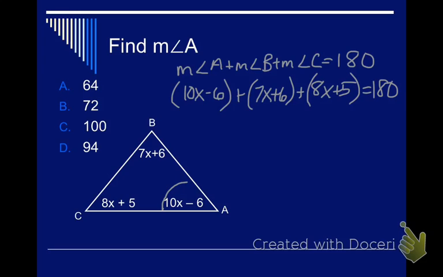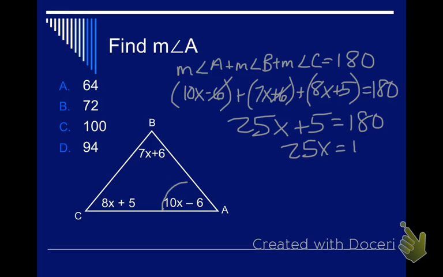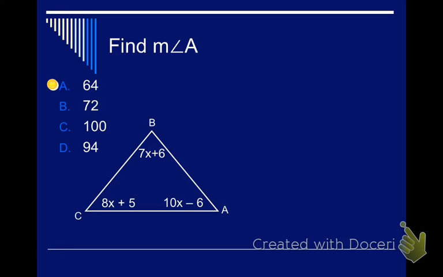We combine like terms, that's 25x. The negative 6 and plus 6 cancel out, so plus 5 equals 180. 25x equals 175. x is equal to 7. So the measurement of angle A is 10 times 7 minus 6. Final answer A.